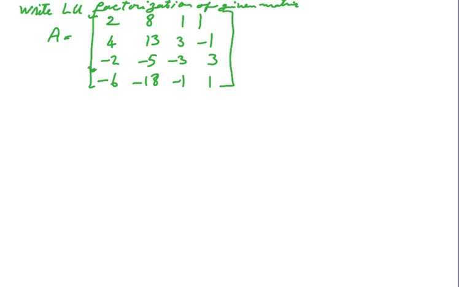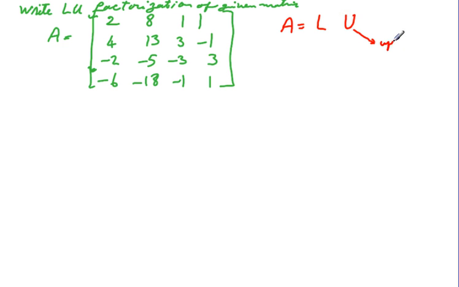Okay, so what we want to do is to write A as L times U. Who is U? U is going to be the matrix that's going to be left out, that's going to survive after you are done with the Gaussian elimination.